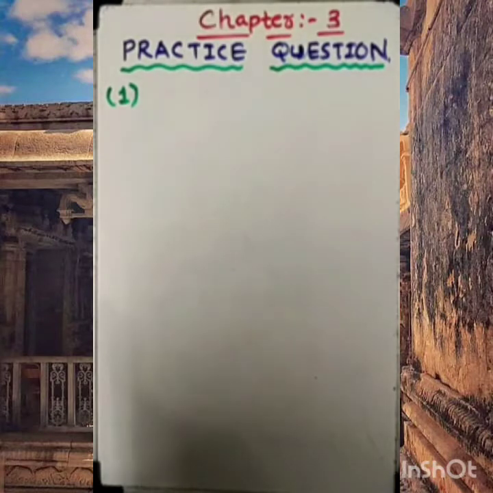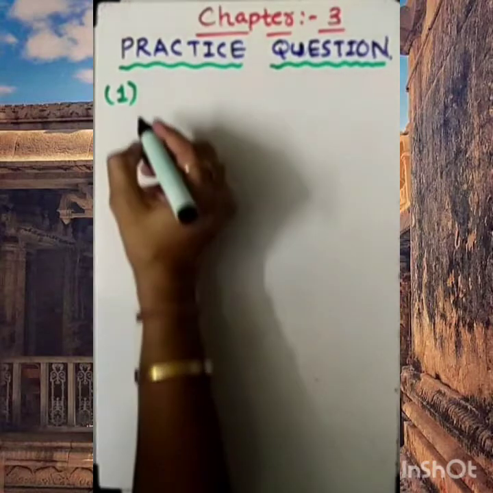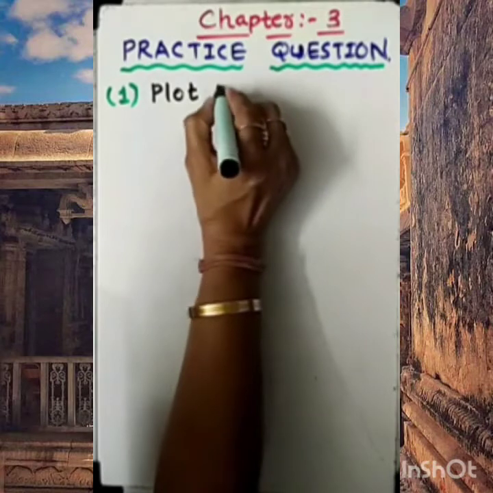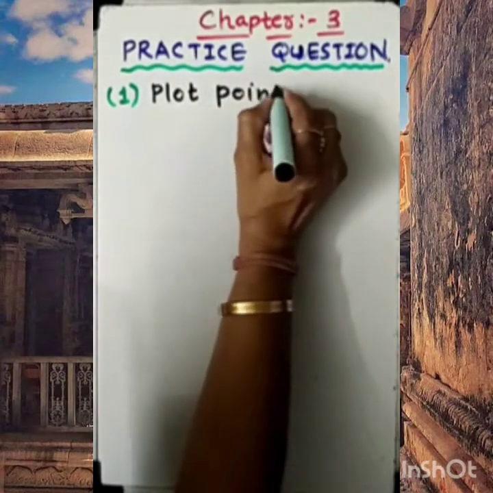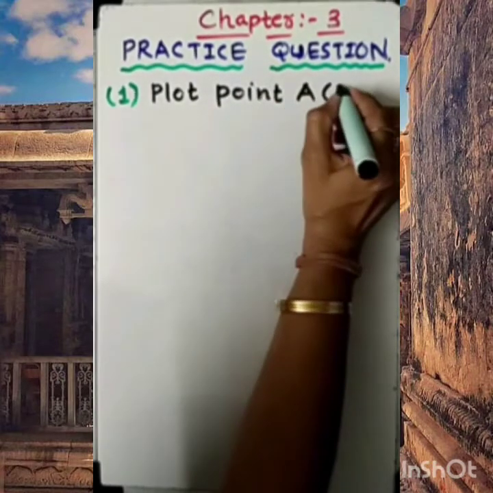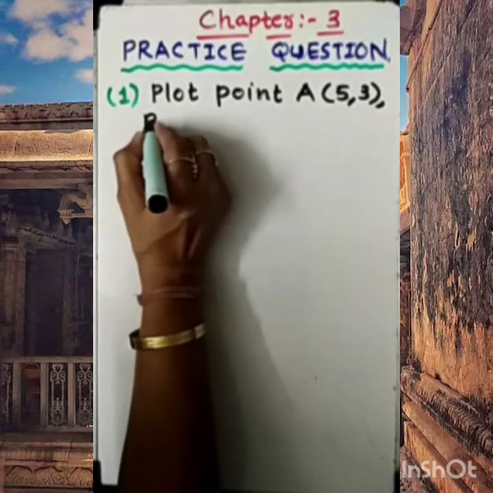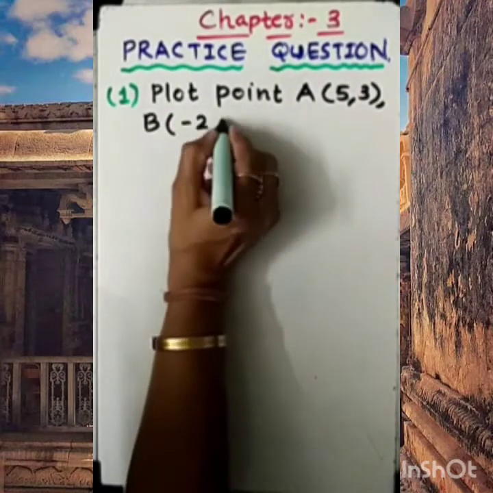Fine. So dear students, the first question which I am choosing from this is: we are given plot points. Plot point A (5, 3). Note down. B point (-2, 3).